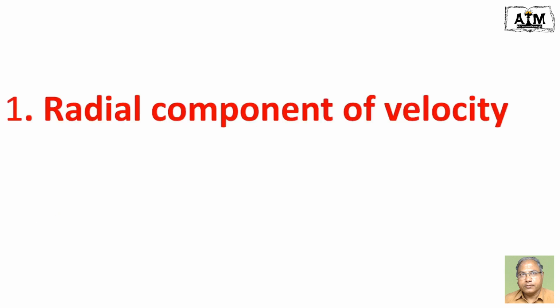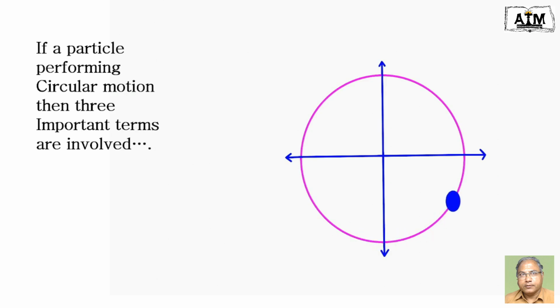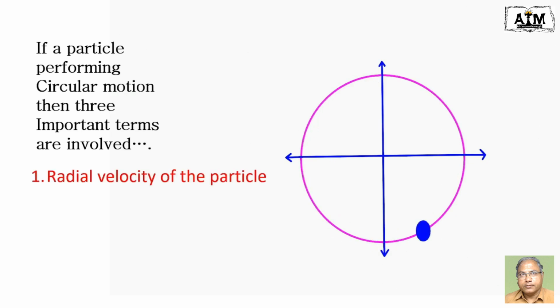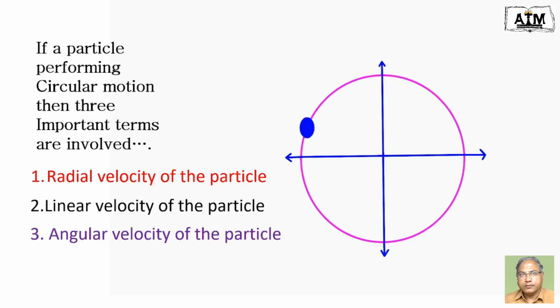First, let us understand the meaning of radial component of velocity and transverse component of velocity. If a particle is performing circular motion, then three important terms are involved: the radial velocity of the particle, the linear velocity of the particle, and the angular velocity of the particle.